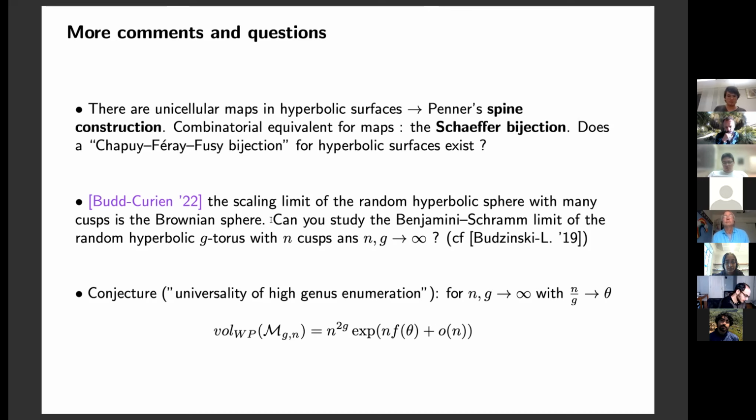I'm going to skip over the last point, but we can roughly enumerate high genus maps, and my conjecture is that there is also a sort of universality not only in geometric behavior but also in enumeration, so that these volumes, which correspond to enumeration, have a very similar expression asymptotically.